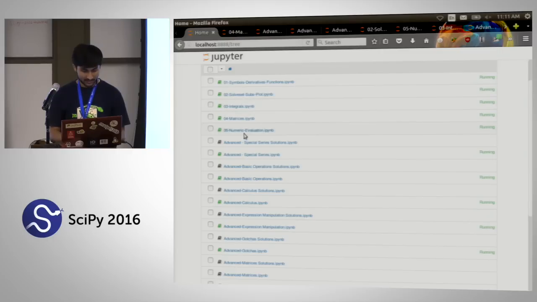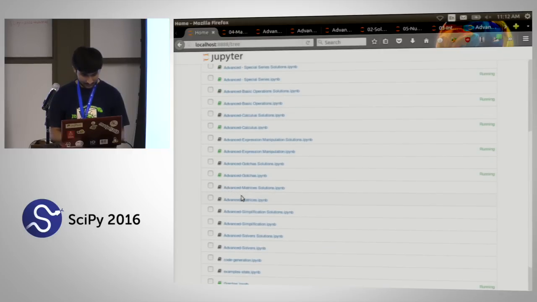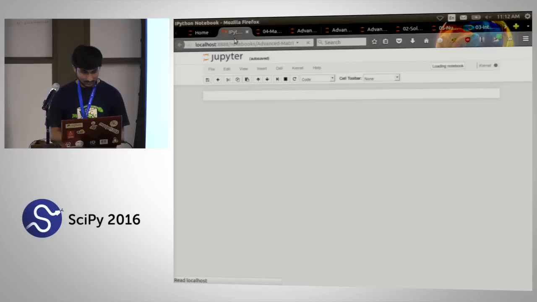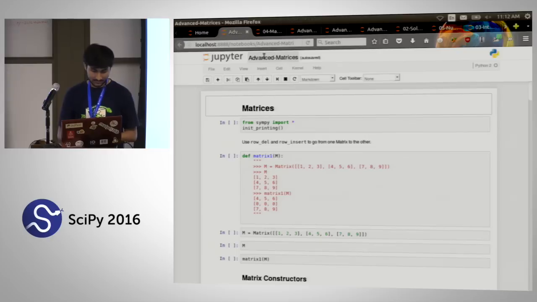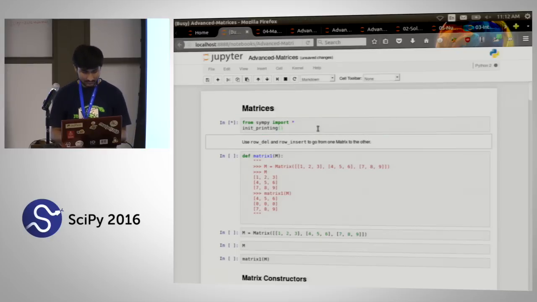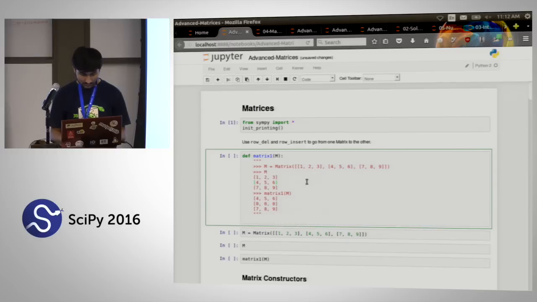Okay, let's move to the advanced matrices now. So we need to get this matrix from this one. Basically, the 1, 2, 3, the 0th column and 0th row, is deleted here.